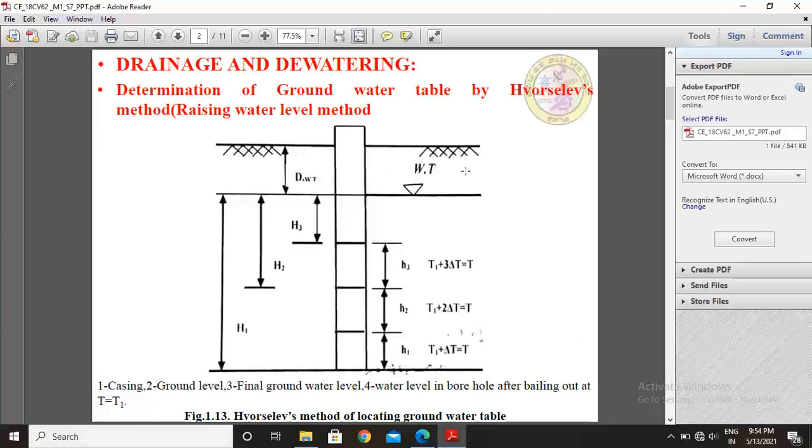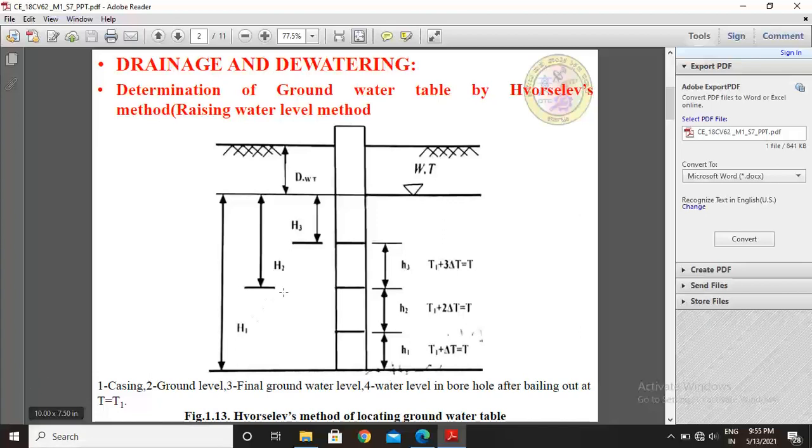See, this is ground level, this is bore, this is height h1, this is height h2, this is height h3, and this depth is the depth of water table from the ground level. h1 is measured with respect to time t1 plus delta t, and h2 is after 24 hours, taking the time t1 plus 2 times delta t, and h3 is t1 plus 3 times delta t, the total time taken after the third day.